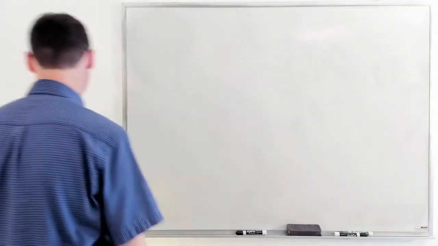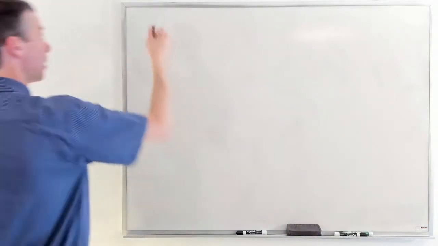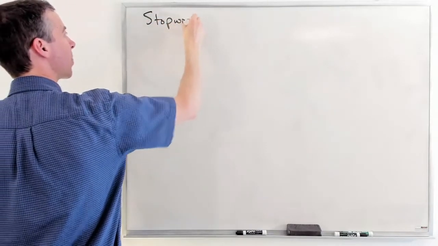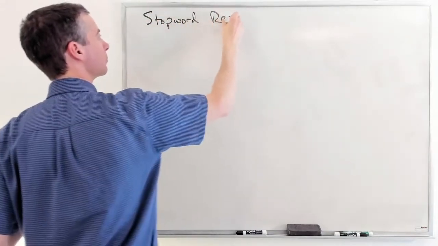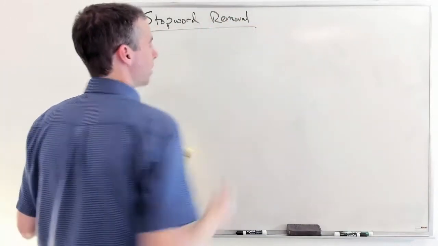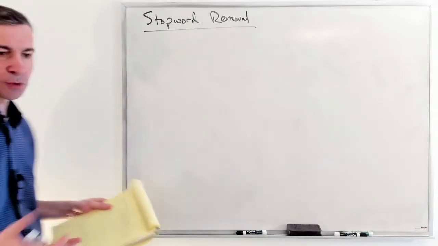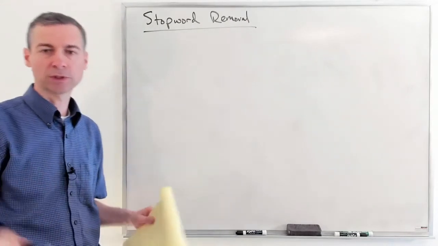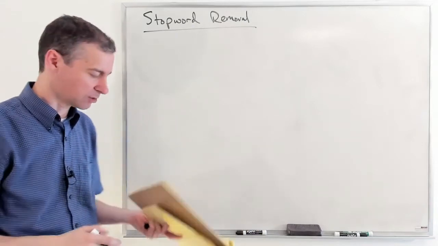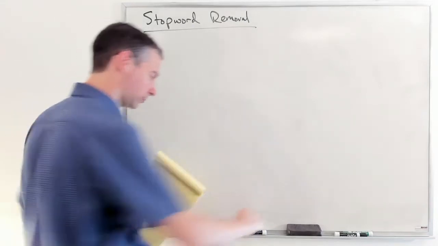Let's take a look in more detail at stopword removal. So again, stopword removal is this removing of common, frequent words, all these articles, a, of, the, and so forth.